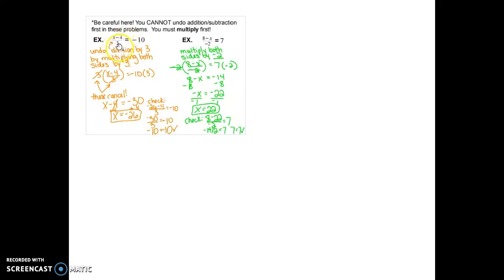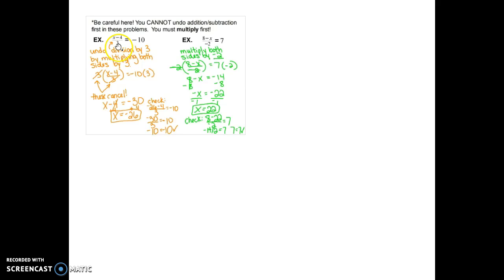In this case, I don't have anything outside of the fraction, which means I cannot undo that addition and subtraction first. I'm actually going to multiply first in these problems, because I need to get rid of this denominator. So you've got to be paying attention to what type of equation you are dealing with. The rules are going to change based on that. So because I don't have a constant to deal with first, I'm going to deal with my fraction first.